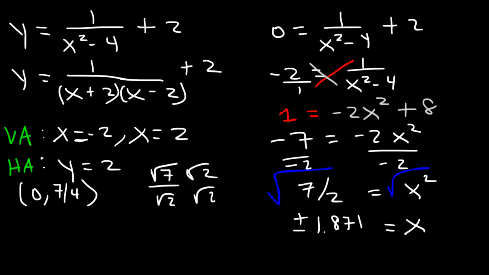If you multiply the top and the bottom by the square root of 2, this is going to be the square root of 14 over the square root of 4, which is root 2, just 2. So you can say the x-intercepts are plus or minus root 14 over 2, comma 0. But I'm going to write it like this. I'm going to use 1.871 because I need to graph it.